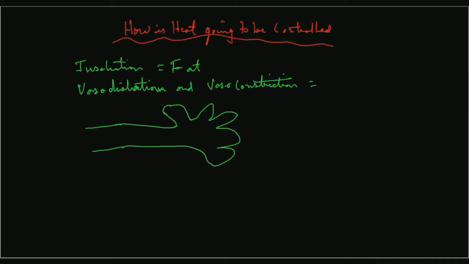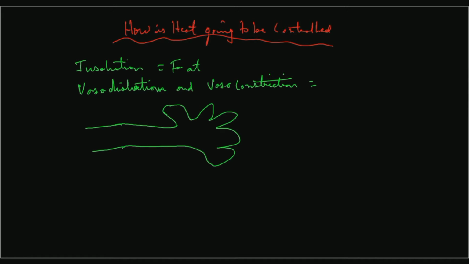Every time blood goes to the outer extremities of your body, like your hands, fingers, nose, ears, whenever the blood actually goes to those parts of the body, it loses heat.